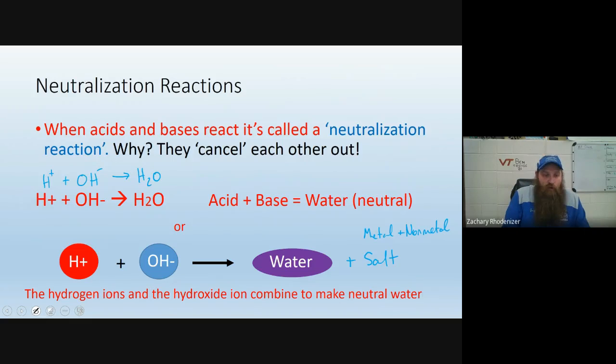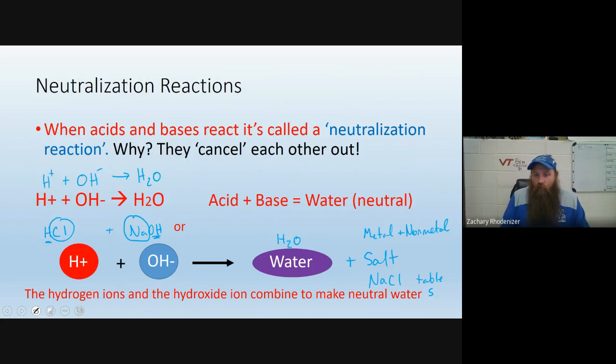So if you take HCl, which is a very strong acid, and NaOH, which is a very strong base, this H right here and this OH come together to make H2O, water. And the salt is this metal and this non-metal, which is NaCl, table salt in this case.